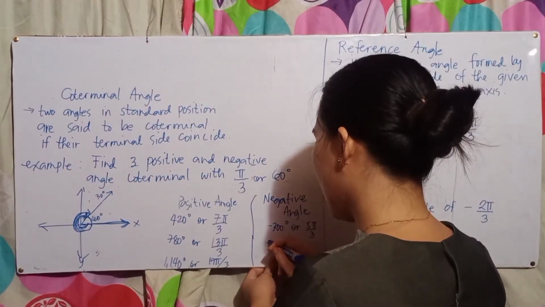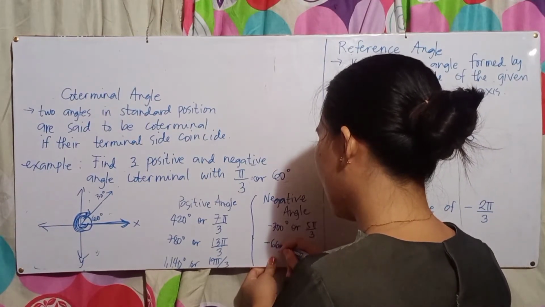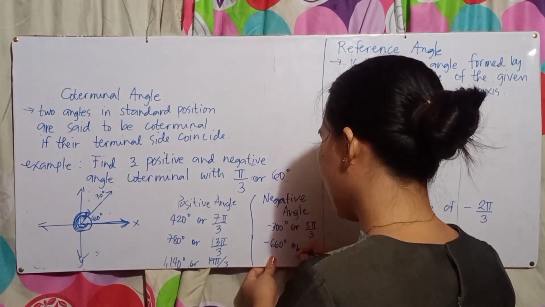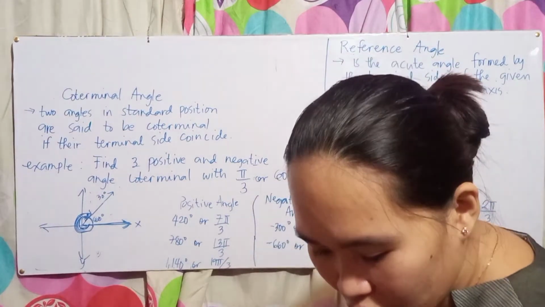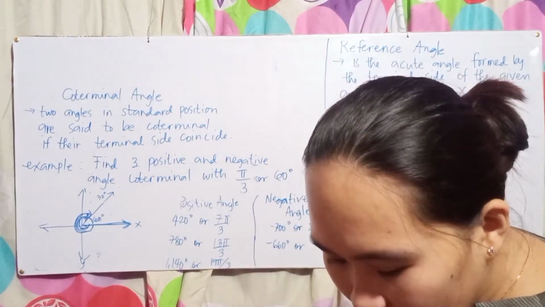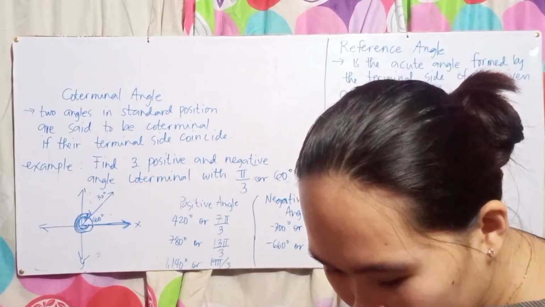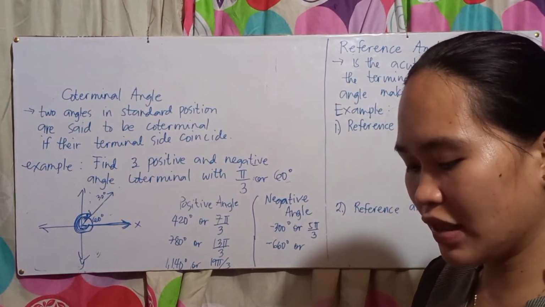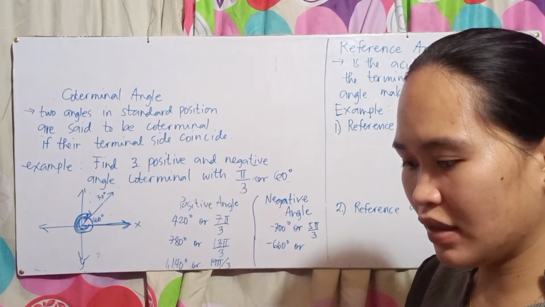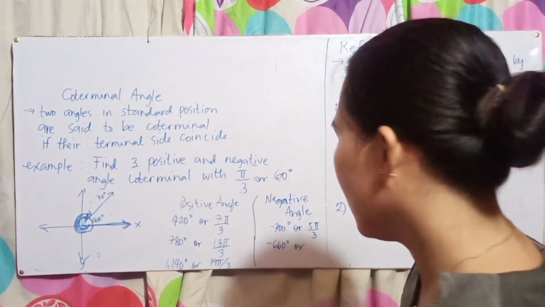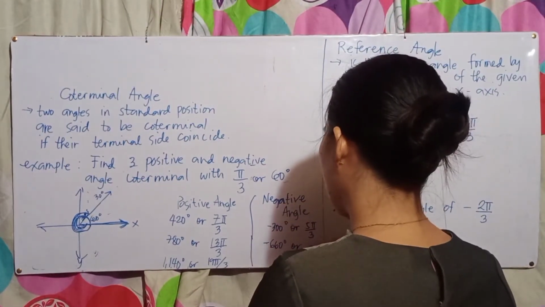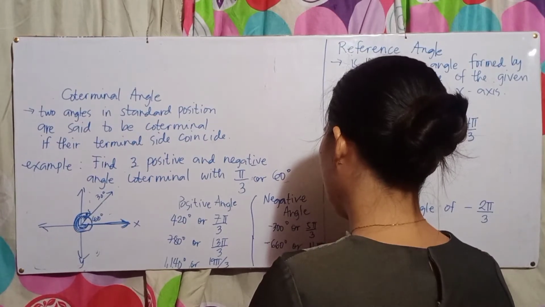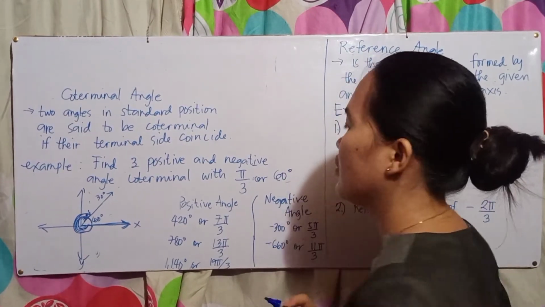So, negative 660 degrees. Or, pag i-convert into radian, so 660, i-divide lang sa 180. Divide 180. So, 11 pi over 3.